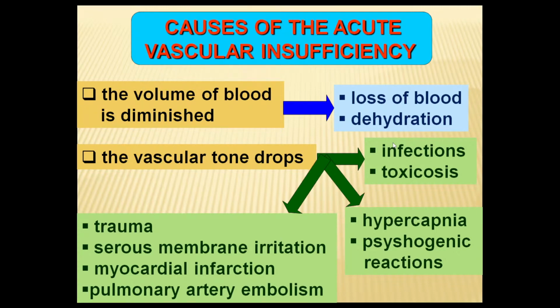It may be the result of decreased heart stroke, left ventricle due to myocardial infarction, right ventricle due to pulmonary artery embolism. In other words, acute heart failure is obligatorily accompanied with acute vascular failure. Because these pathological processes go one near each other and combine in common circulatory failure.